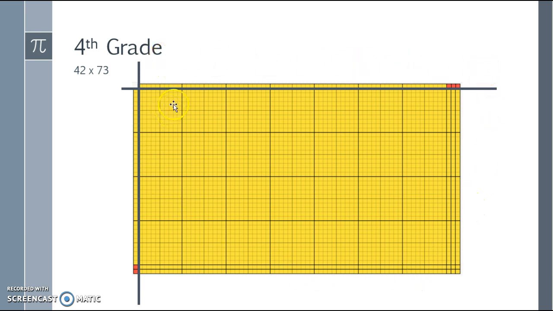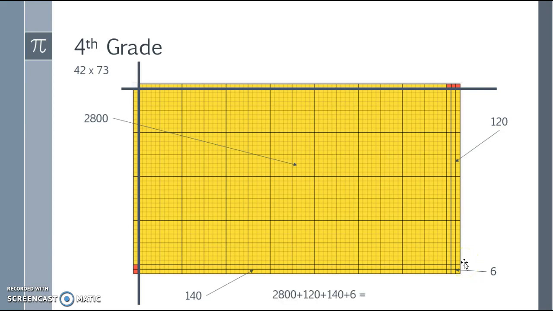So then the area we can count what created our rectangle. So I see that there are 2,800 in my flats here. In my rods down below here, so this little area, I have 140. I have 120 in this area. And in my final area, the little units, I end up with 6.